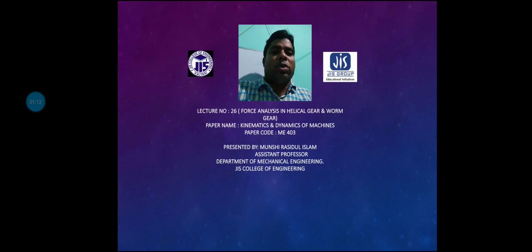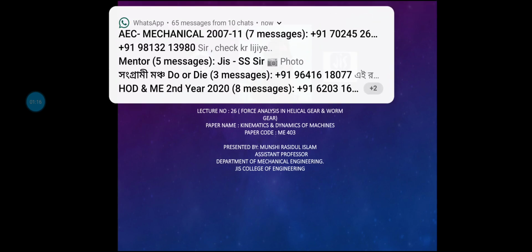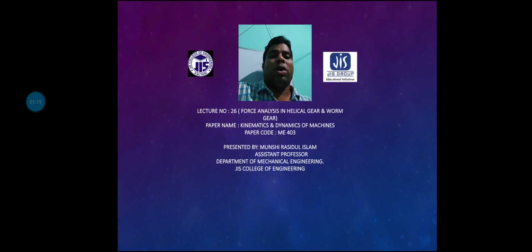But one question is there. I know how the gear system performs when two sets of gears are connected in a sequential manner.